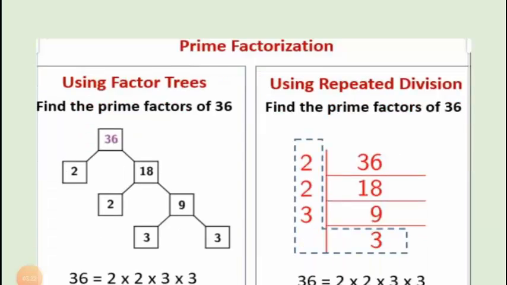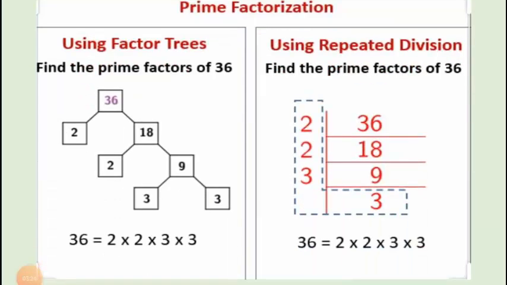Now let us learn the ways in which we can determine the prime factorization for any given number. We can determine it using the factor tree as well as the repeated division method. When we talk about the factor tree method, we have taken the number 36 to find its prime factors.